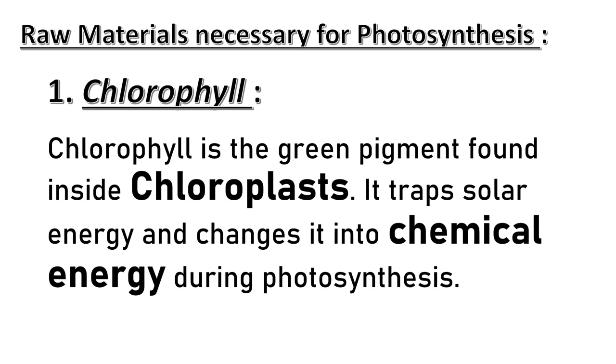As we learned, plants require some raw materials for performing the process photosynthesis. Let us now look at all these raw materials one after another. First material is chlorophyll.